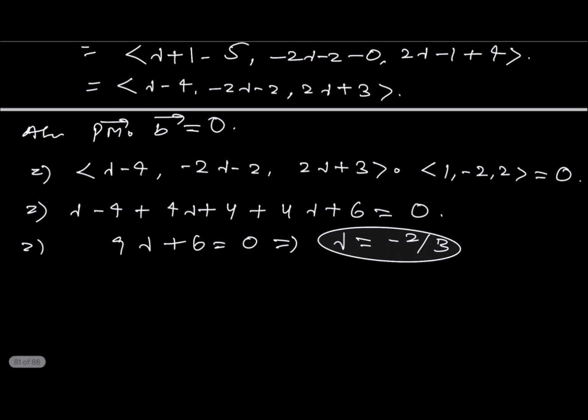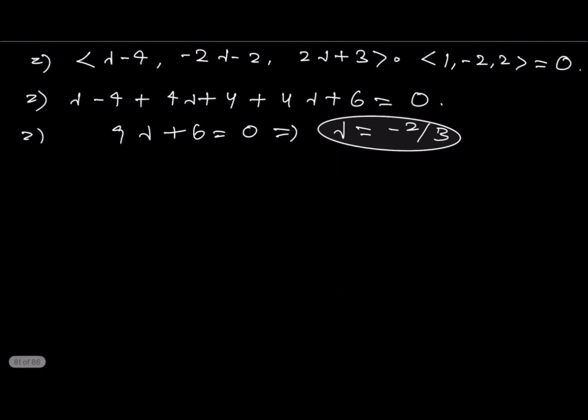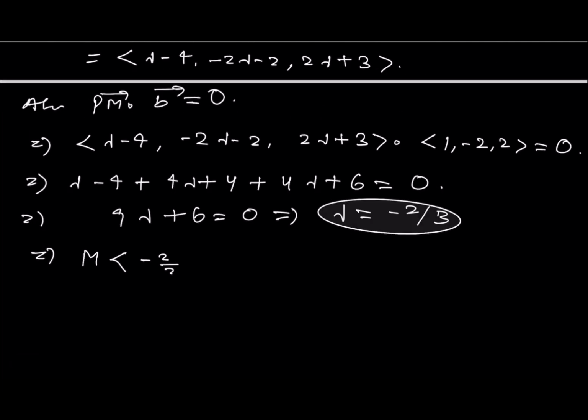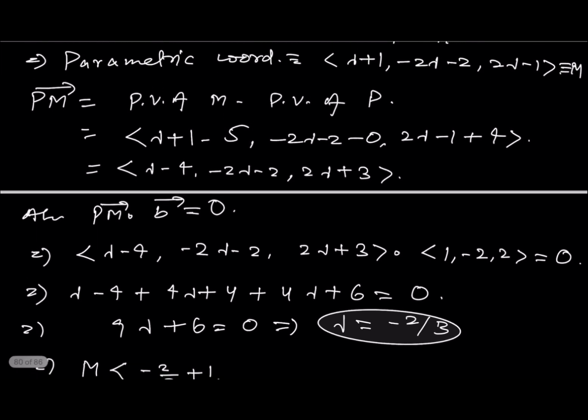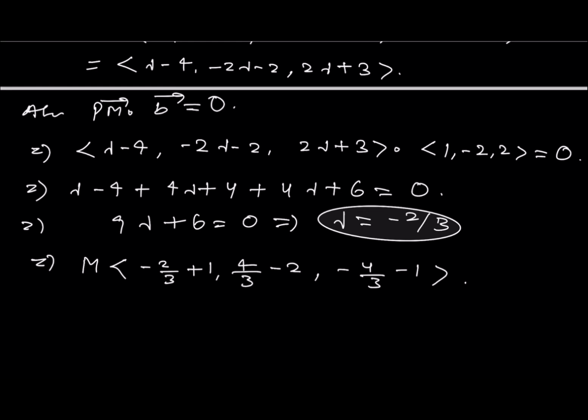If you have lambda, then you have complete M independent of lambda. So M will be (minus 2 by 3 plus 1, 4 by 3 minus 2, minus 4 by 3 minus 1). So M becomes (1 by 3, minus 2 by 3, minus 7 by 3).